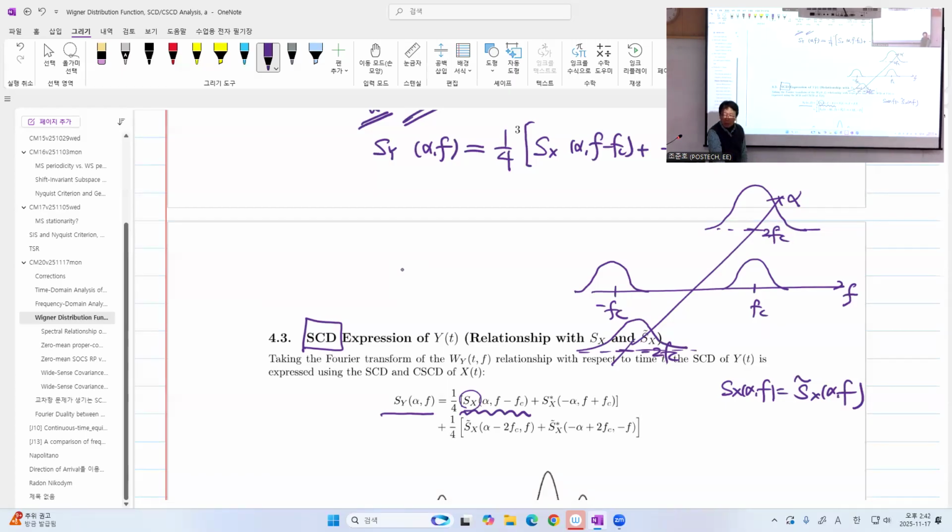Complementary autocorrelations are vanishing, meaning that complementary Wigner distribution functions vanish, then complementary spectral correlation density vanishes. Right? So these 2 disappear if the random process is proper. Right?